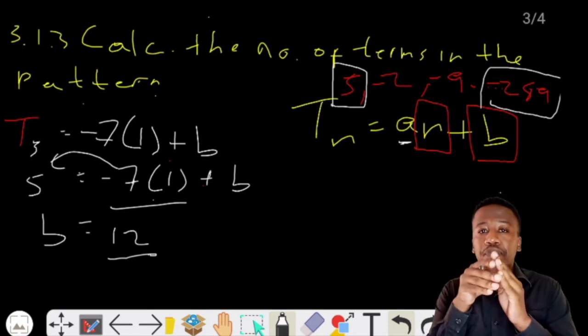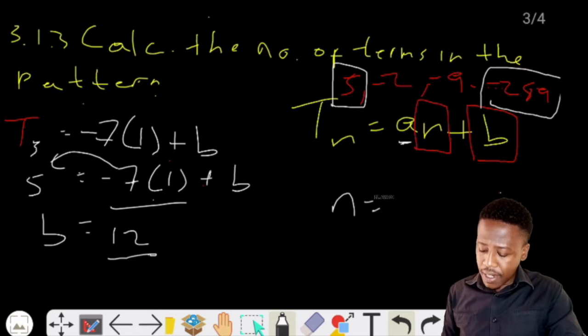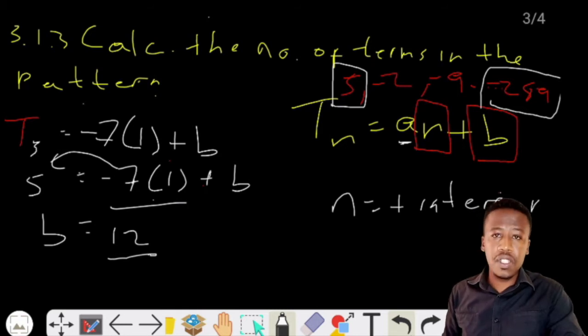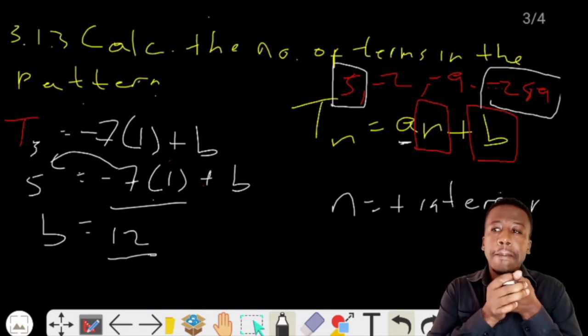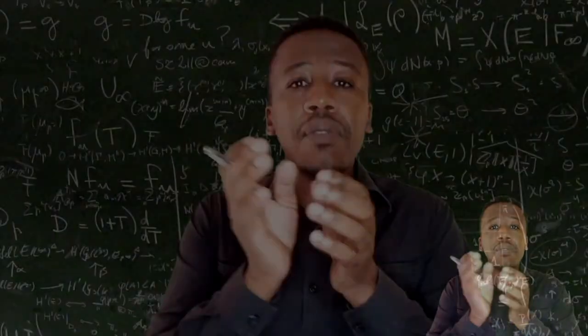One more thing: whatever value you get for n should always be a positive integer. If your answer is a fraction or a decimal, your n will not be a correct answer. Remember, we're dealing with number patterns.